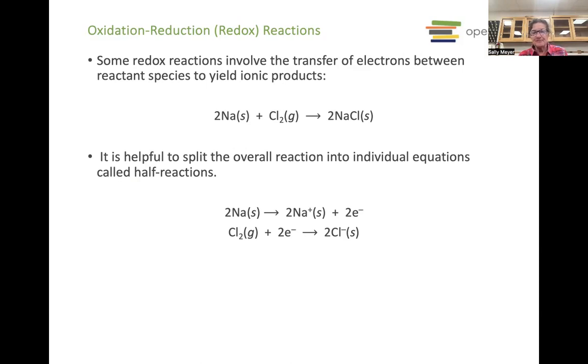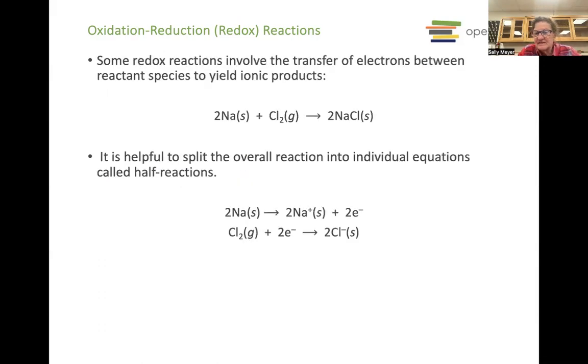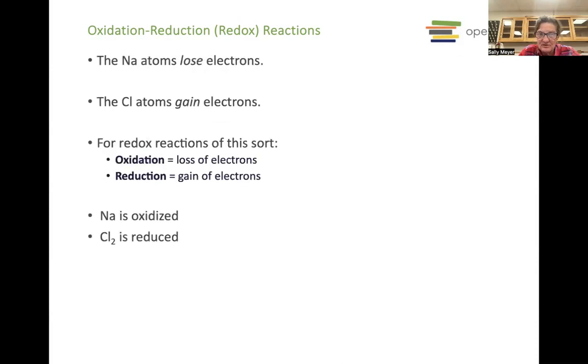So the top reaction we will call an oxidation, and the bottom one a reduction. The sodium atoms lose electrons, the chlorine atoms gain electrons. Loss of electrons is called oxidation. Gain of electrons is called reduction. That means sodium is losing electrons, so it's oxidized, and chlorine is picking up electrons, so it's reduced.